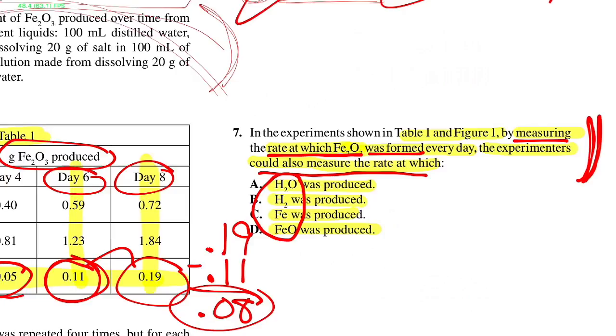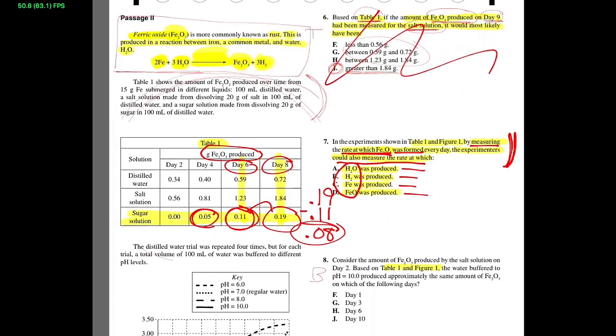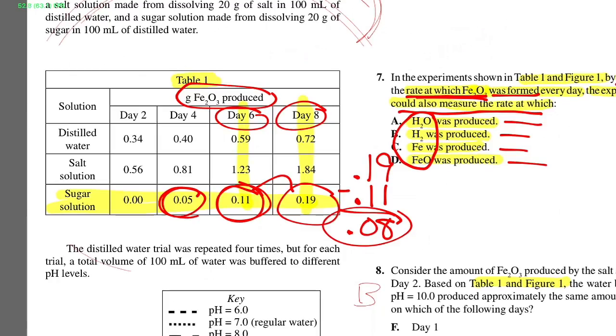So basically they're saying if we're going to measure the rate at which rust is formed, we could also measure the rate at which water was formed, hydrogen formed, Fe formed, or FeO formed. There is nothing in table 1 that directly answers that question.